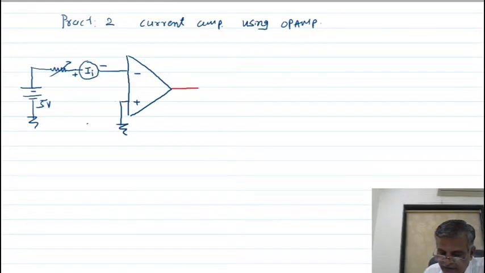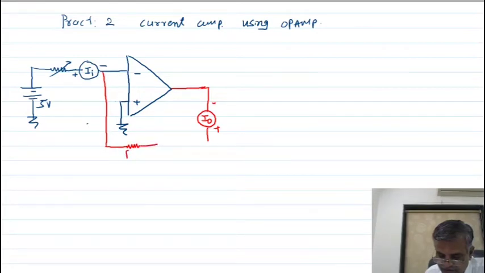From this I am taking my output current. This is your output current meter I have connected here, and from this, one connection is connected to resistance R2 having 10 kilo ohm.